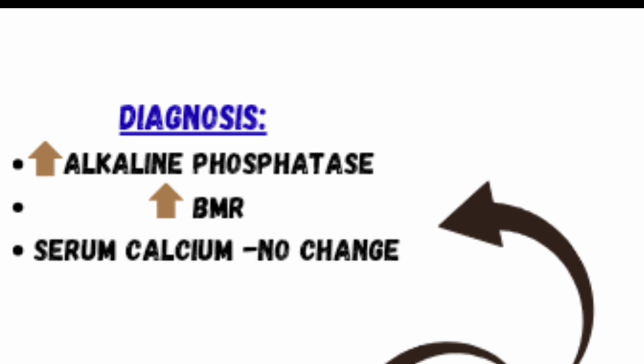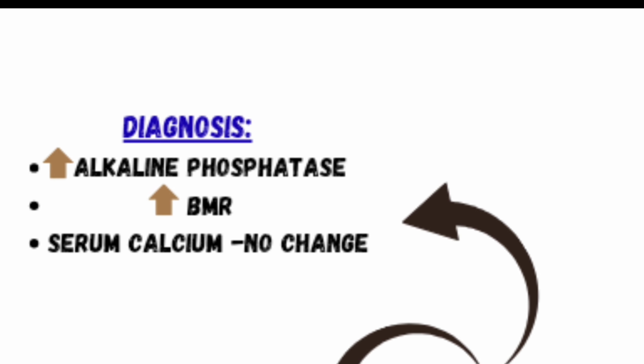Coming to the diagnosis. Fibrous dysplasia diagnosis primarily involves a combination of imaging tests like CBCT, MRI, various radiographs, bone biopsy, and sometimes genetic testing, depending on the suspected case and extent of disease. Biochemical tests like serum alkaline phosphatase level is increased.